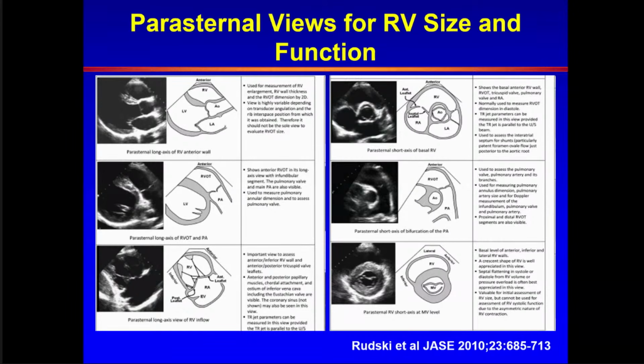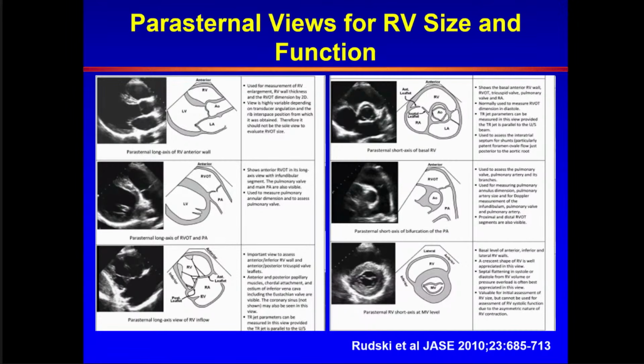It's the first look at the RV, so to say, when you start the exam, and should not be the final look. You should be cautious that oblique views will give you the impression that the right ventricle is larger than its true size. The next view I will speak about is the parasternal long axis view.